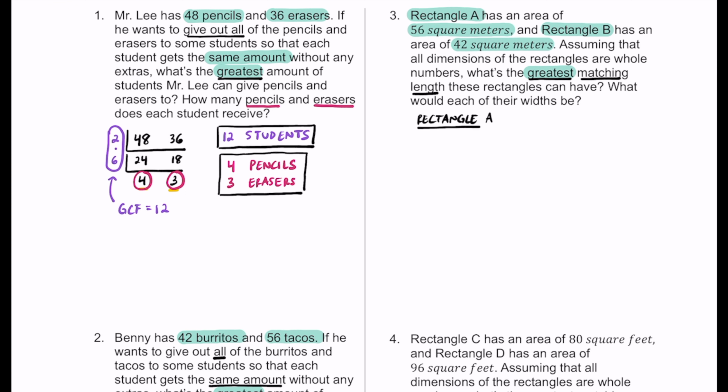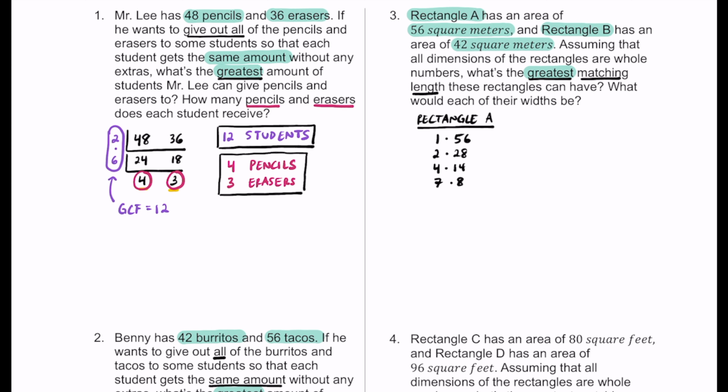We know the area is 56, but if it has whole number dimensions, it could be 1 by 56, 1 for the length and 56 for the width. It could also be 2 times 28, 4 times 14, or 7 times 8. And then it could be all of the reverse of these as well: 56 by 1, 28 by 2, 14 by 4, and 8 by 7.